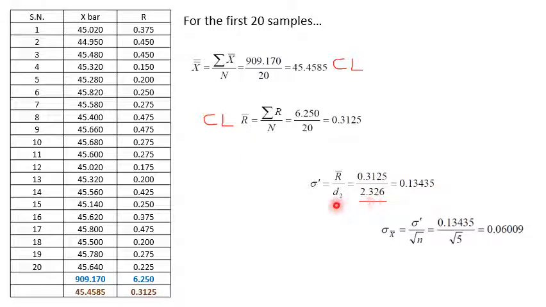So this value D2 is equal to 2.326 for small n equal to 5, that is, for the sample size n equal to 5, D2 is equal to 2.326. So sigma dash is equal to 0.13435. So we can also find that sigma X bar is equal to sigma dash upon square root of small n, which is equal to 0.06009.